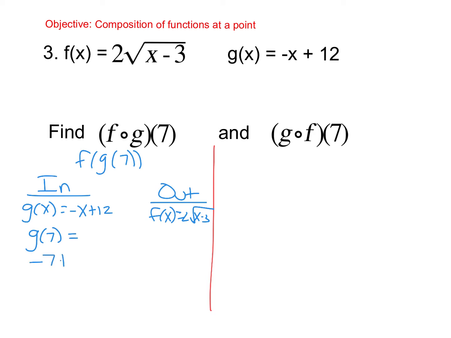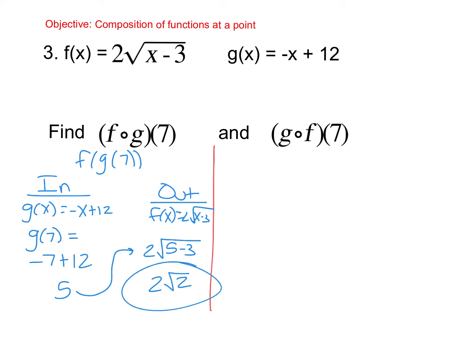So negative 7 plus 12 is 5. And then 5 is being plugged in. So we've got 2 times the square root of 5 minus 3, 2 root 2. And that's your answer. You can't do anything else there. All right, next one. My in is f.